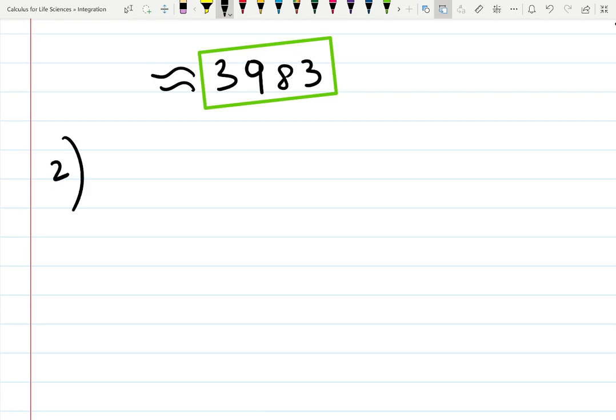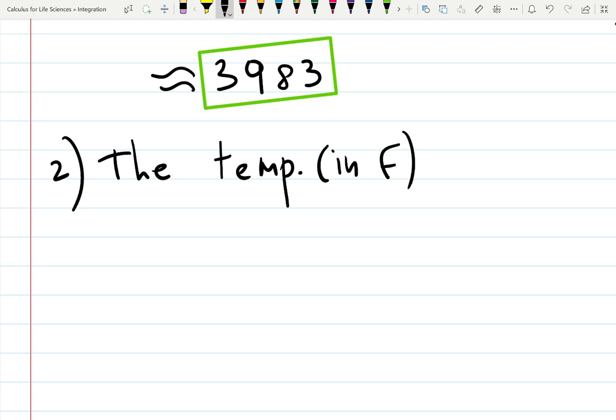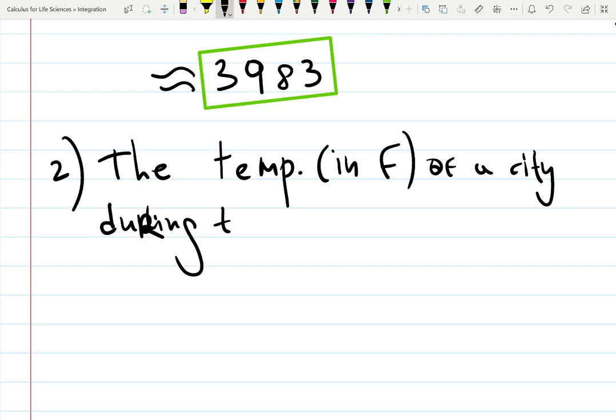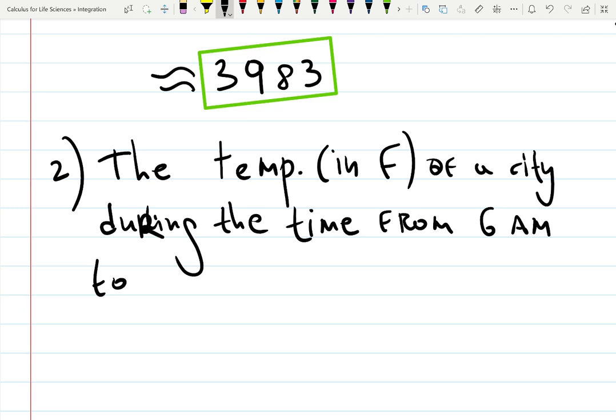Example number 2. The temperature in Celsius of a city during the time from 6 a.m. to, guess what, 6 p.m. on a day is modeled by an equation.